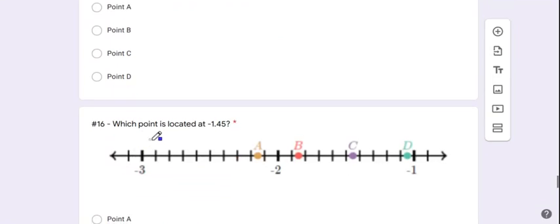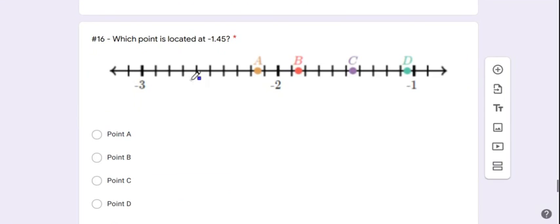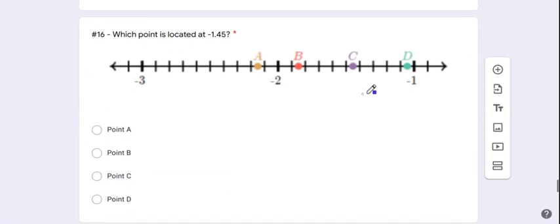Okay, one more. Let's do number 16. Which point is located at negative 1.45? So let's figure out how far it is from negative 1 to negative 2, or at least how many jumps it takes. It takes 1, 2, 3, 4, 5, 6, 7, 8, 9, 10 jumps to get from negative 1 to negative 2. So that tells me that each jump must be worth 1/10.